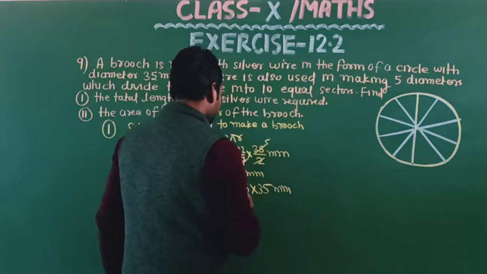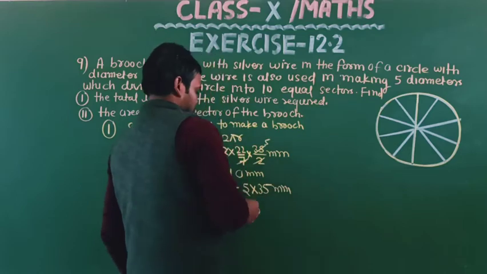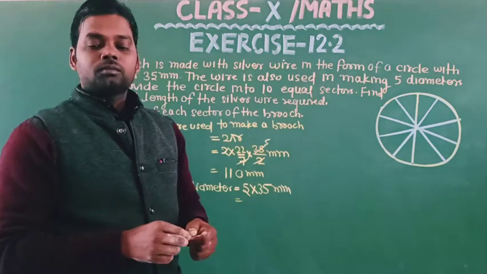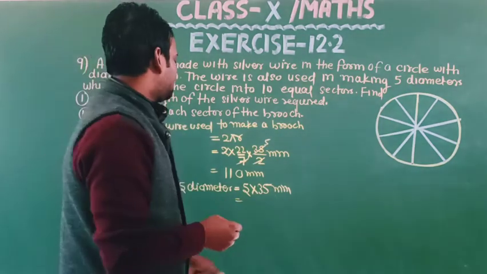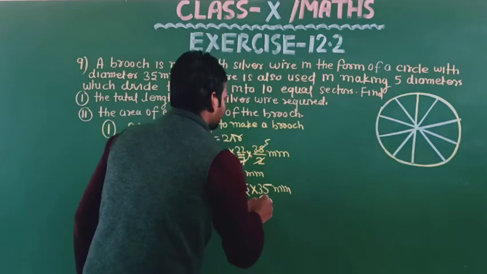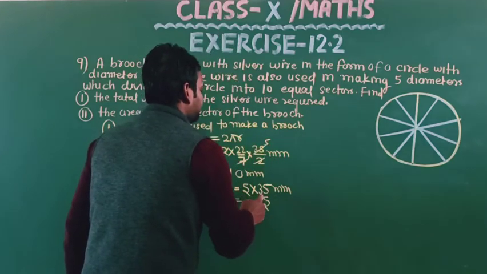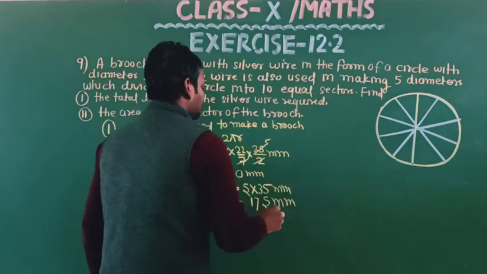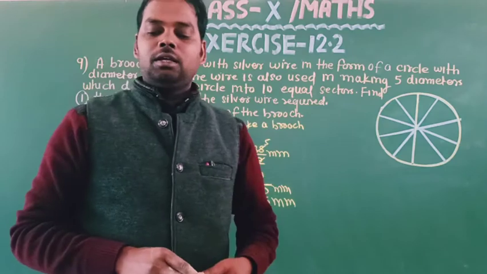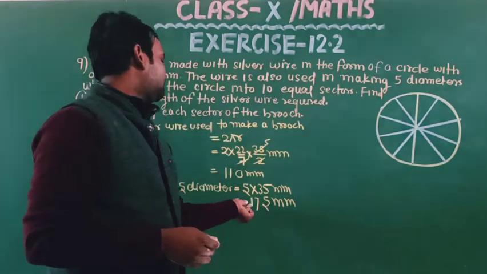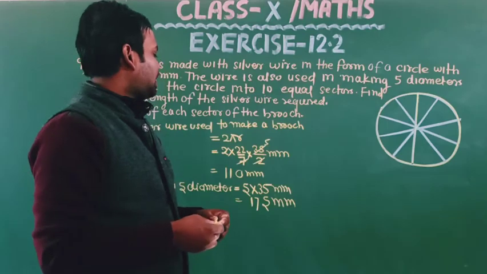So 5 into 35, which is 5 5 is 25 and 5 3 is 15, 2 17, 175 mm. Okay, the total wire used in 5 diameters is equal to 175 mm.